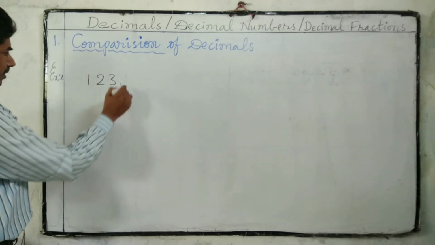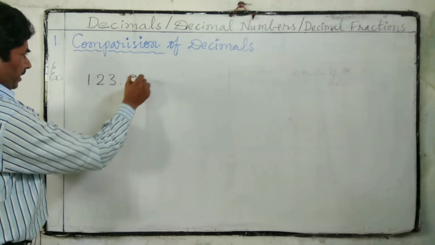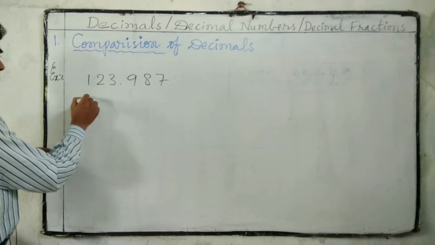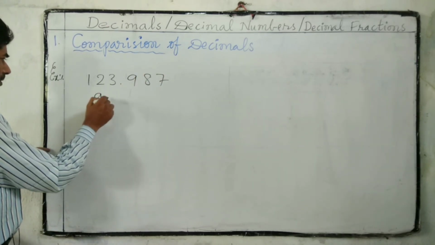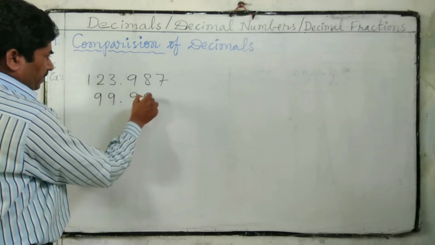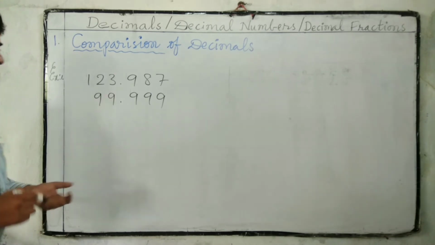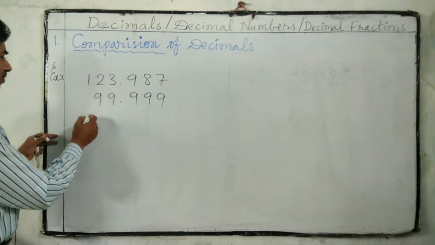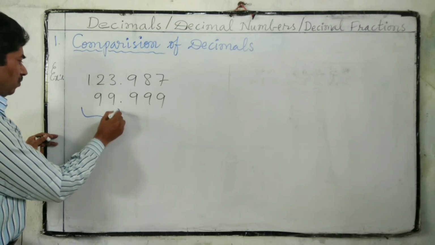123.987, 99.999. To compare this, first we have to compare whole number parts.